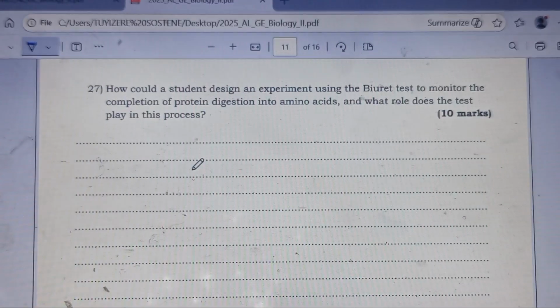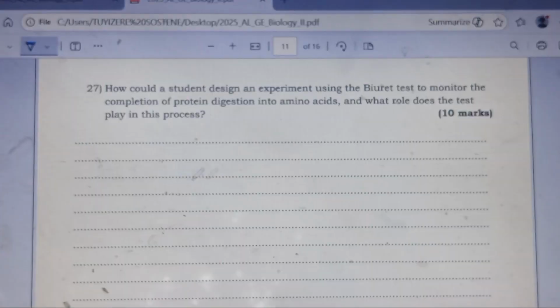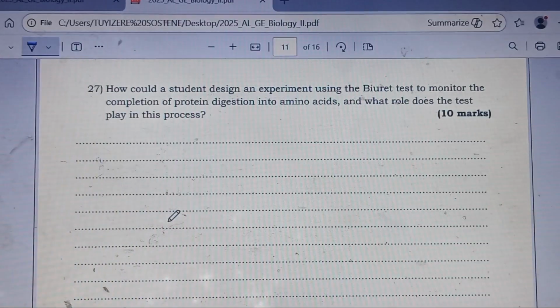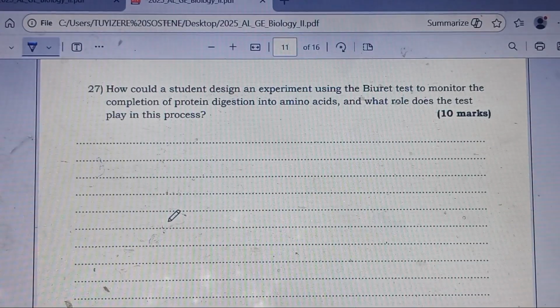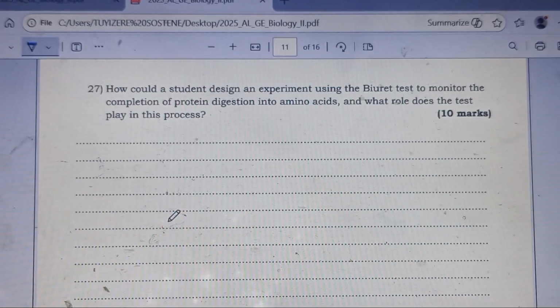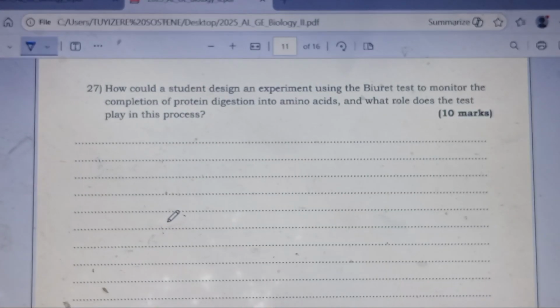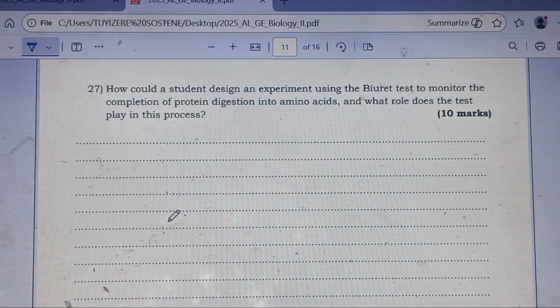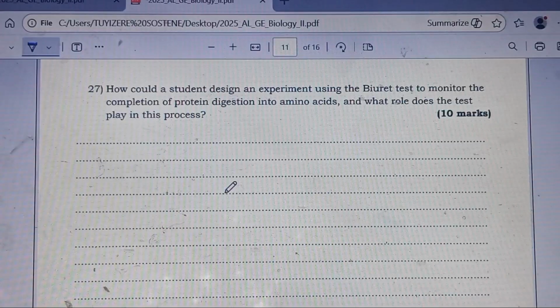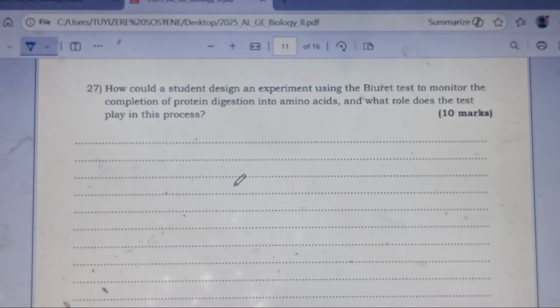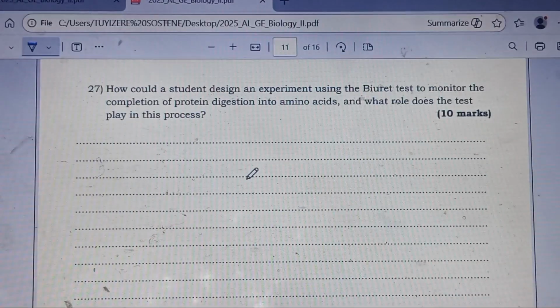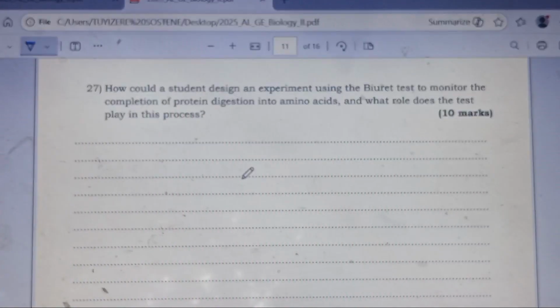Then the color you observe is purple or no change. If there is no change, it means no protein is present. After that, you monitor the digestion, then the role of the peptide bond. That is it.